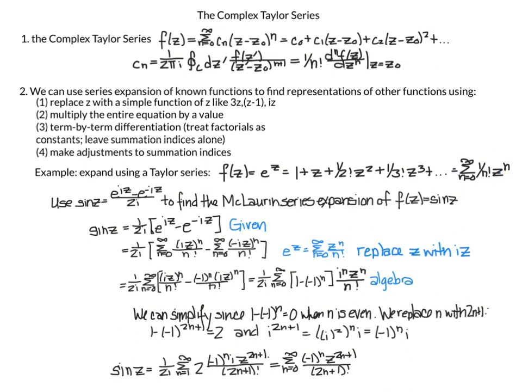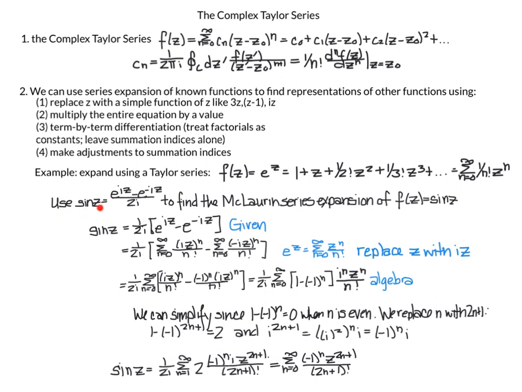We are now going to use this Taylor series expansion of e to the z, which is the summation of 1 over n factorial z to the n, to find a Maclaurin series. Remember, a Maclaurin series is just a Taylor series centered at 0 of f of z equals sine of z. The other thing we're going to use is this formula here that we had introduced a few videos ago. Depending on how much your teacher likes to use this formula, this may or may not be something worth memorizing.